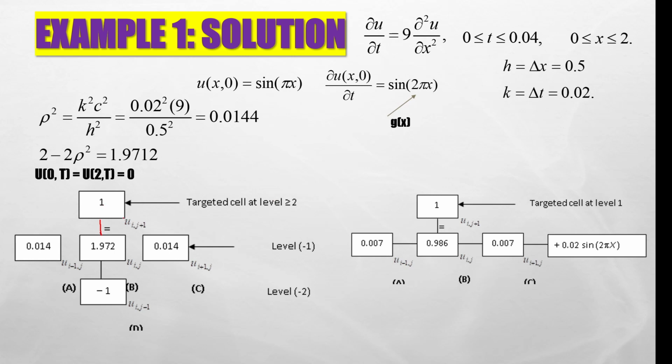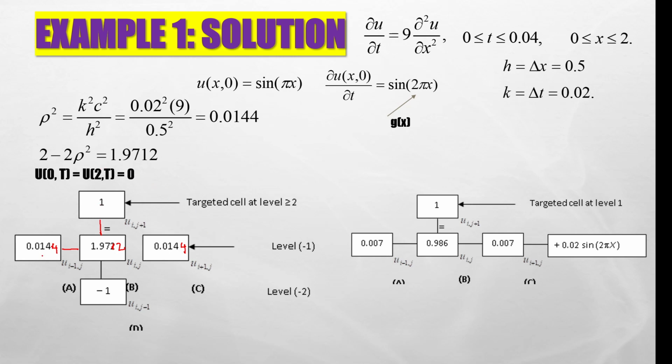So you have 1 times u(i,j+1) equal to, and here you may edit using 4 decimal places, 1.9712. Okay, so this is the 3-level molecule.